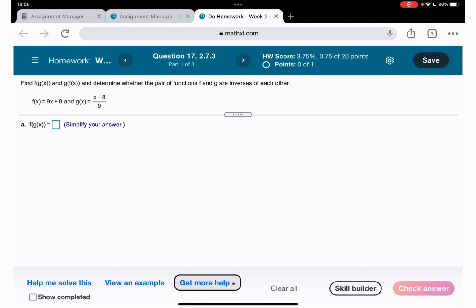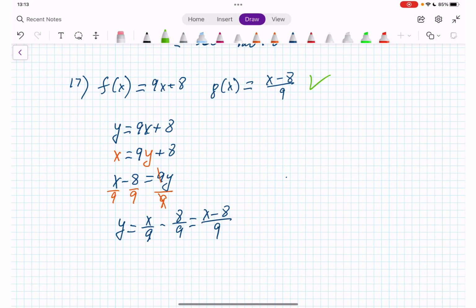Now it's asking about f of g of x, which means f composed with g. In cases like this, when these two are inverses, here is the thing.